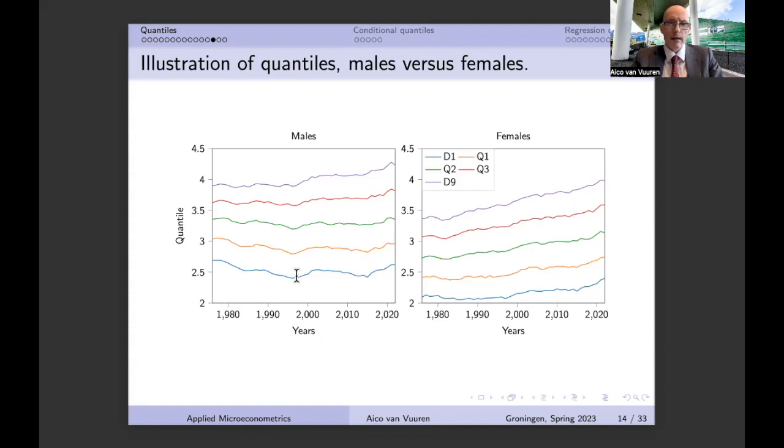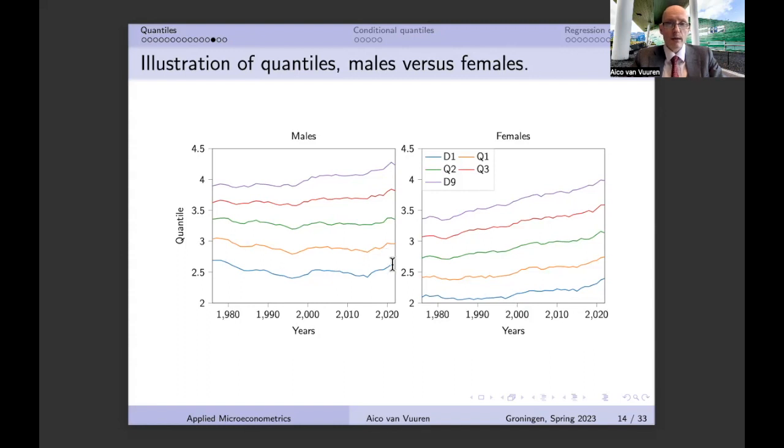And then it increased a bit, but then there was another decrease, especially around the period of the financial crisis. More recently, we do see an increase in wages, even at the bottom of the wage distribution.